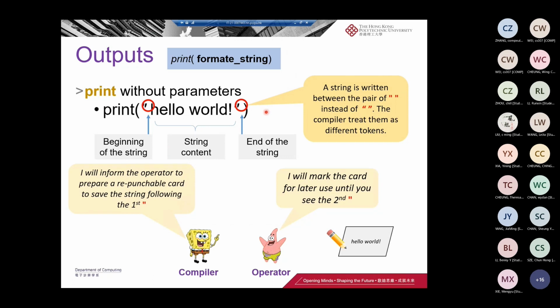As long as they appear as a pair, the content in between will be considered as a string. So this is quite important: the plain text one, not the formatted one. This is the token we're going to use.